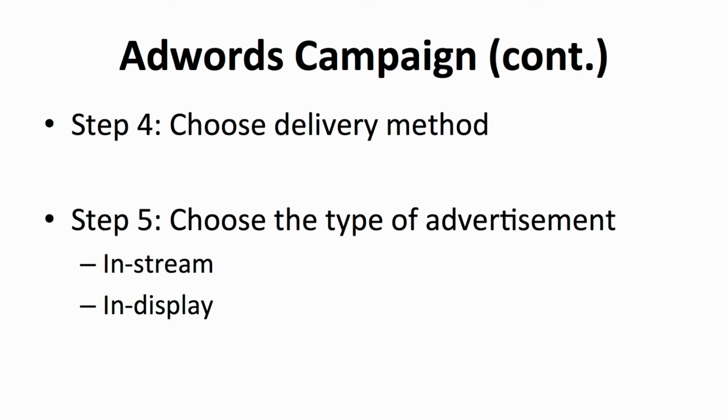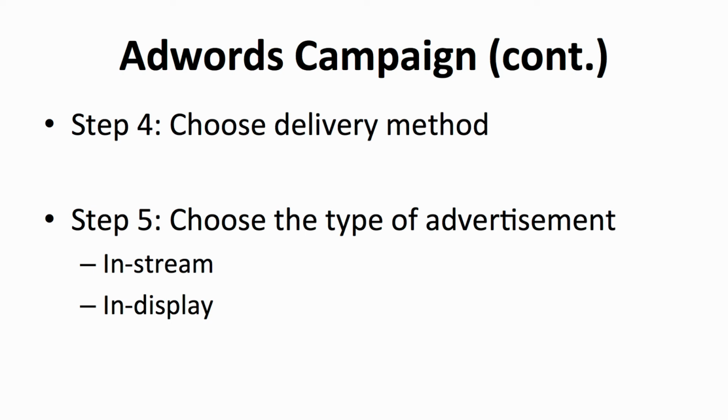Moving on, you can choose the delivery method. First, to choose the network: YouTube search page, YouTube videos advertisement, or video on Google partner sites, app, and display network. You can tick every box there as well. And then choose the locations you want your video ad to be shown and the languages your target audiences speak.